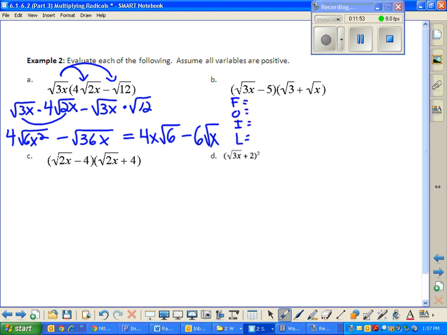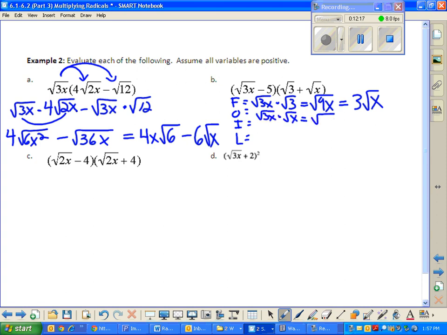So your first is going to be the square root of 3x times the square root of 3. That is the square root of 9x, and you could simplify that right then and there: 3 root x. Outers, we have the square root of 3x times the square root of x.